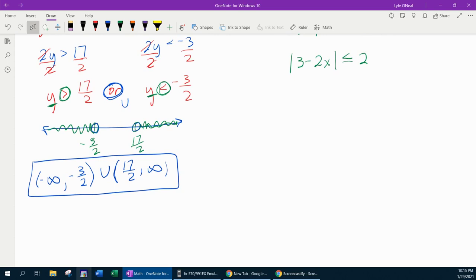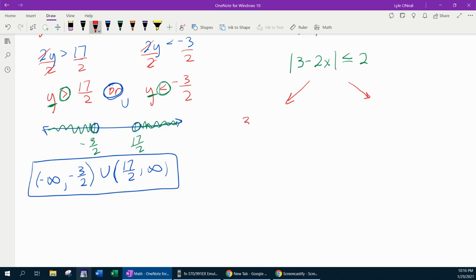Okay, so is there positive stuff that is less than or equal to 2? And the answer is yes. There's a lot of positive numbers that are less than or equal to 2. So since it's true, we're going to split it in 2.